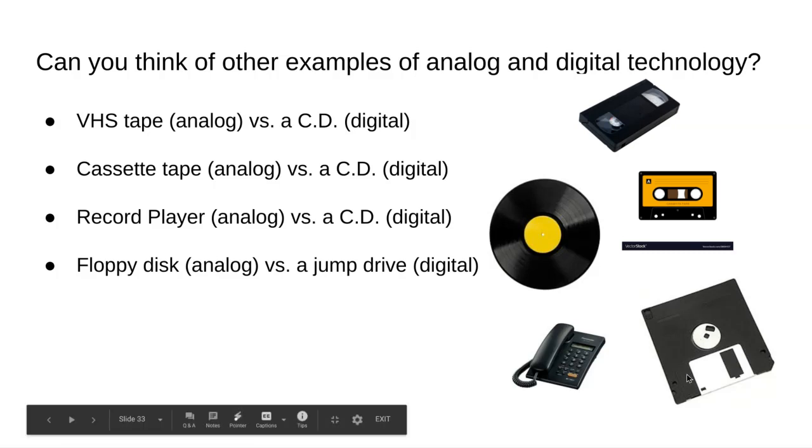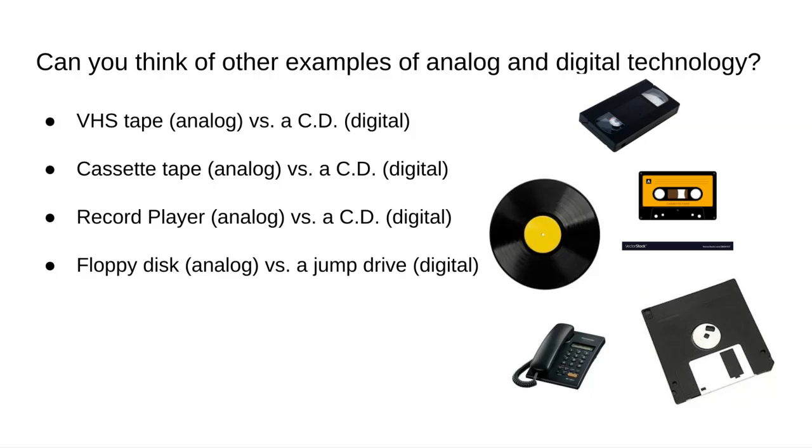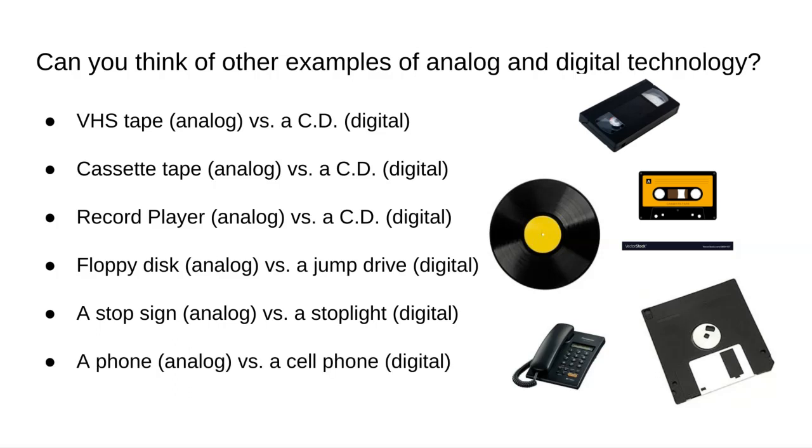It wasn't until high school that a jump drive was invented, and we could get rid of the floppy disks and hold more data on a jump drive. Jump drives are now obsolete because of the cloud. A stop sign is an example of an analog technology versus a stoplight. And then a phone with a cord is an example of analog technology versus a cell phone, which most people use nowadays for digital technology.